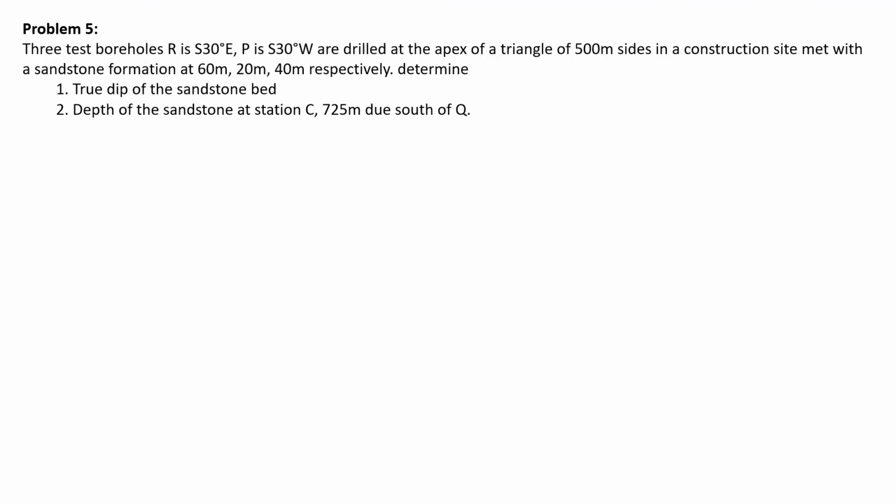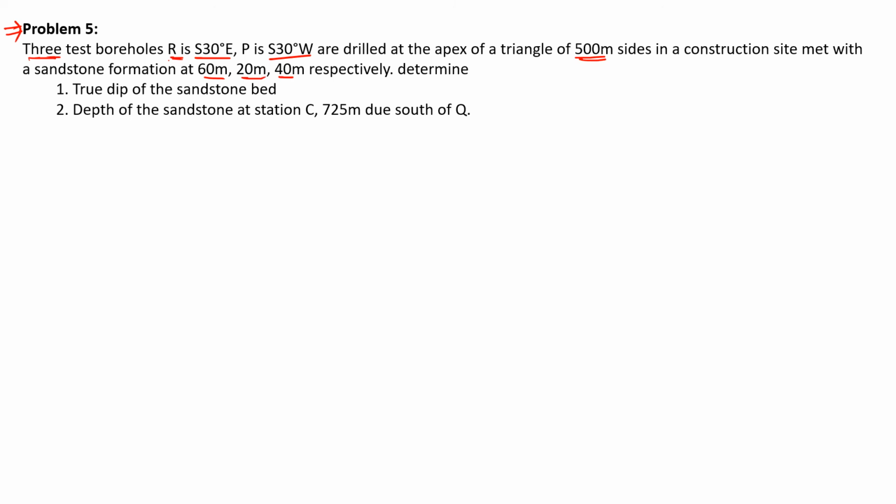In similar fashion, we will solve problem number 5. Three test boreholes: R is south 30 degrees east and P is south 30 degrees west. Usually they give R, P, Q, but here they have given only R and P, so let's assume the third borewell is Q. They are drilled at the apex of an equilateral triangle with 500 meter sides in a construction site, and met a sandstone formation at 60, 20 and 40 meters respectively.